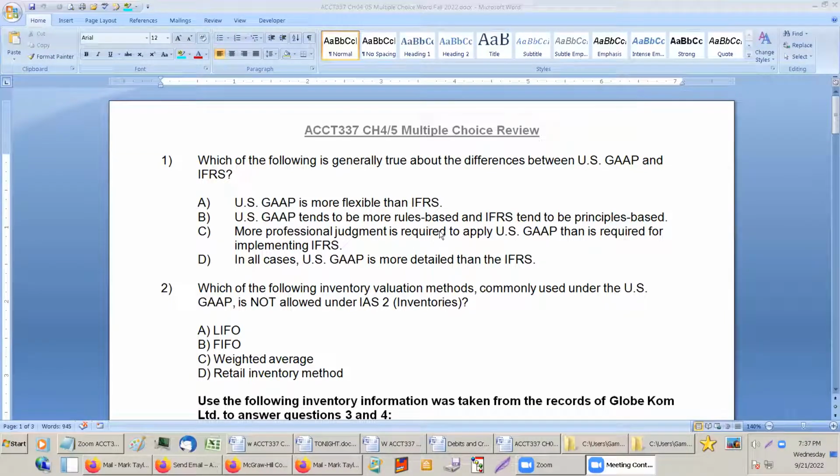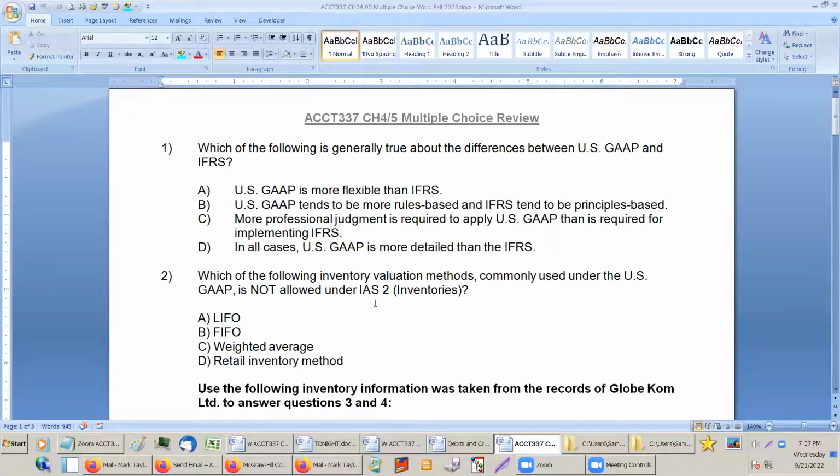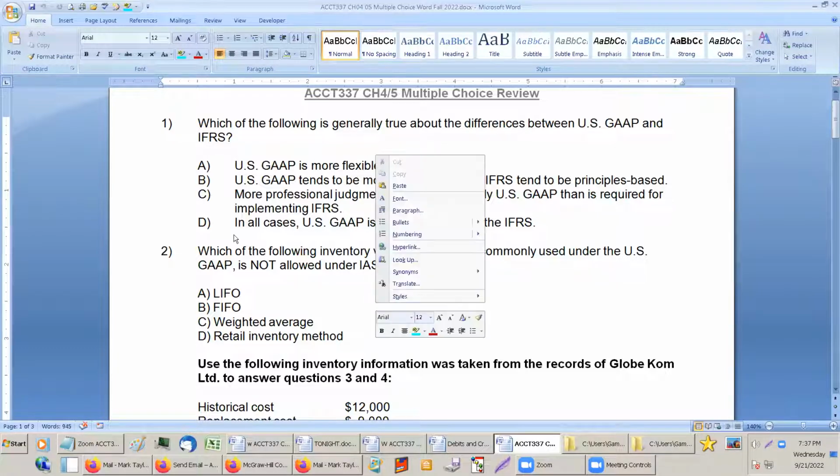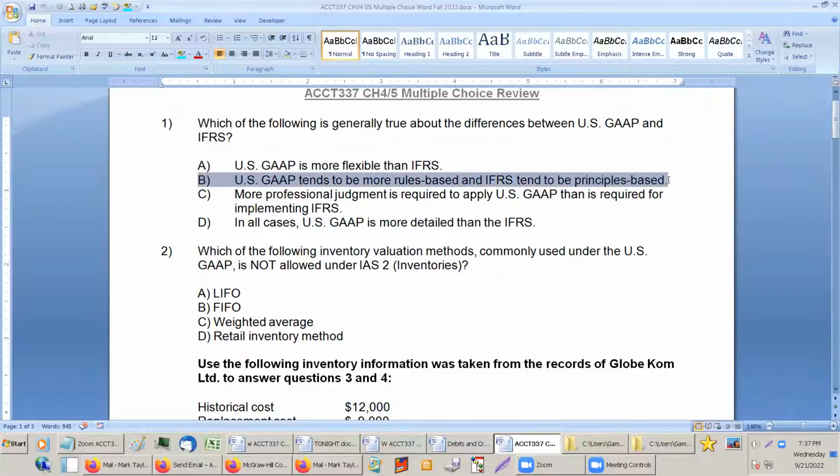I think most of these we talked about, maybe some of them we haven't, but most of them we have. Which is generally the difference between US GAAP and international standards? B. Yep. Yeah, US seems to be more rule based.